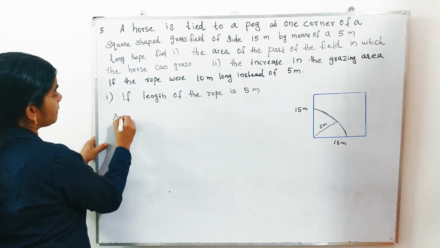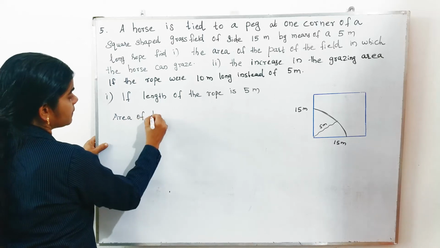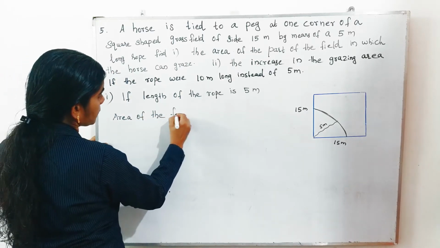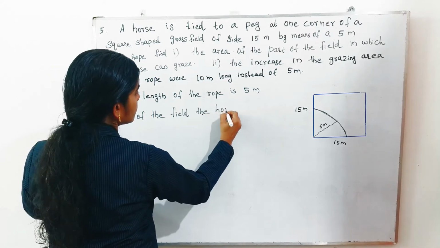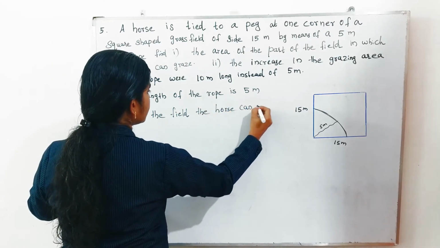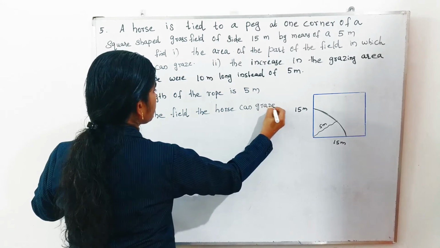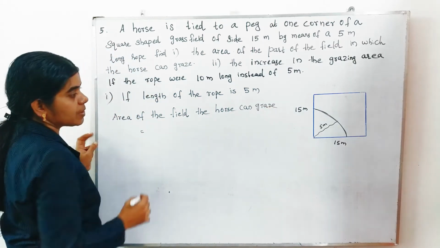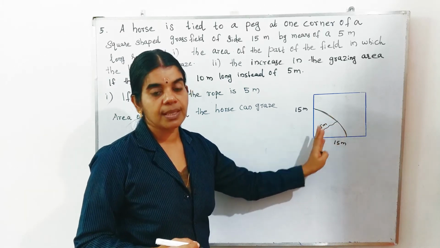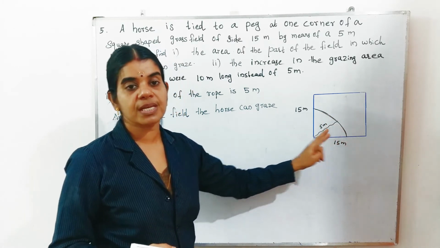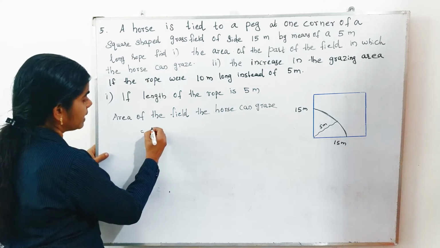Area of the field the horse can graze is equal to, theta, I already know this is a quadrant in the corner of a square, that means it will be a quadrant of a circle, so theta will be 90 degrees.